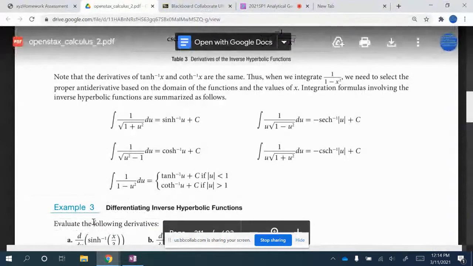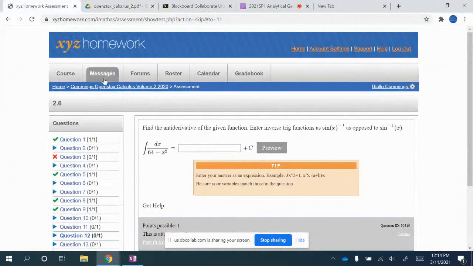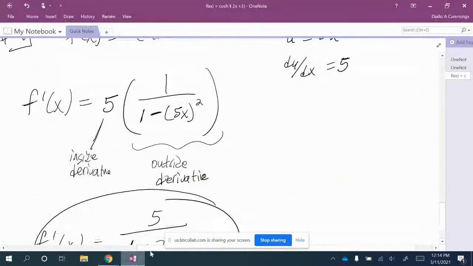All right, and this is problem number 12. I'm just writing the problem down.